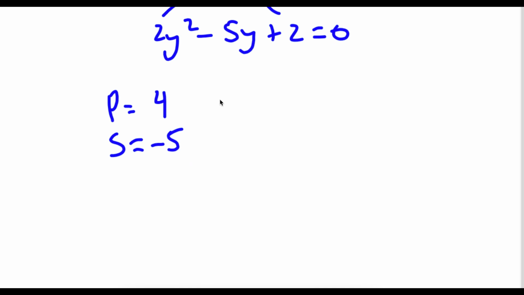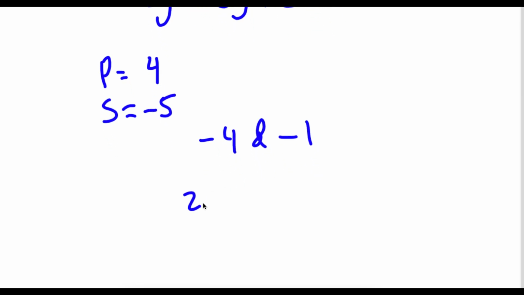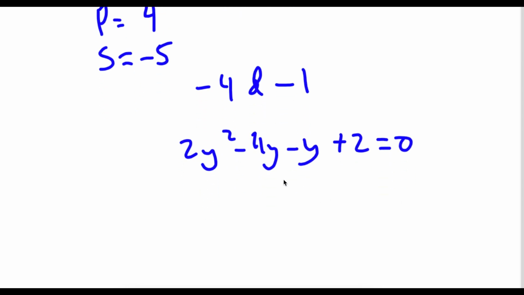So these two numbers could be negative 4 and negative 1, because negative 4 times negative 1 is 4, and negative 4 plus negative 1 is negative 5. So negative 4 and negative 1. So now I have 2y squared minus 4y minus y plus 2 is equal to 0.